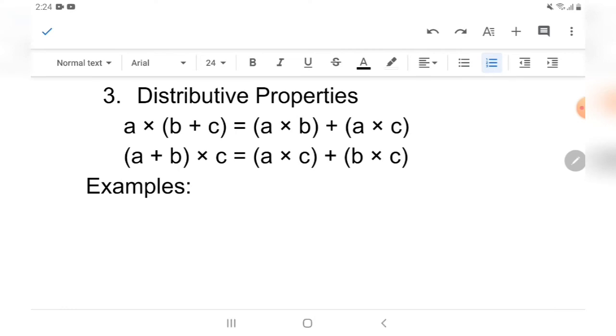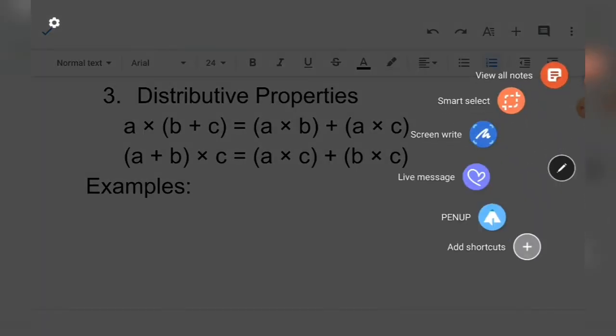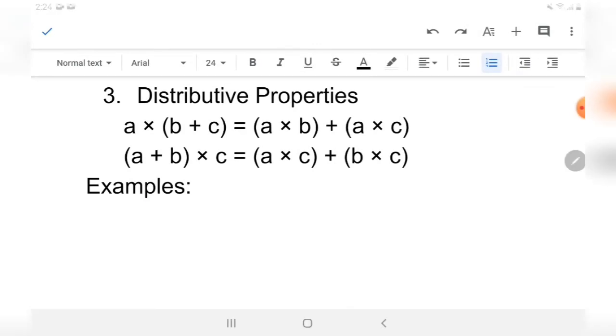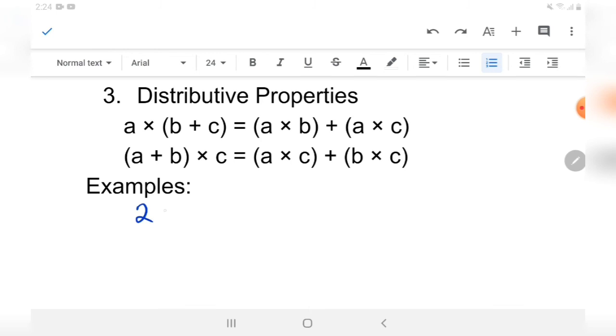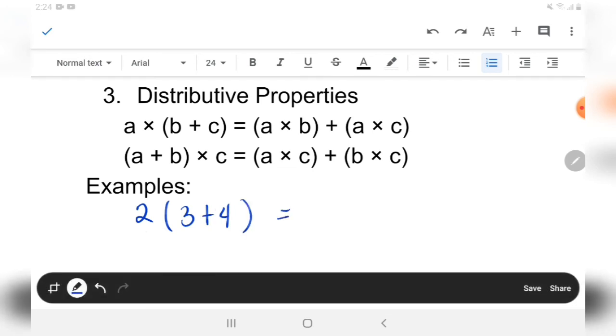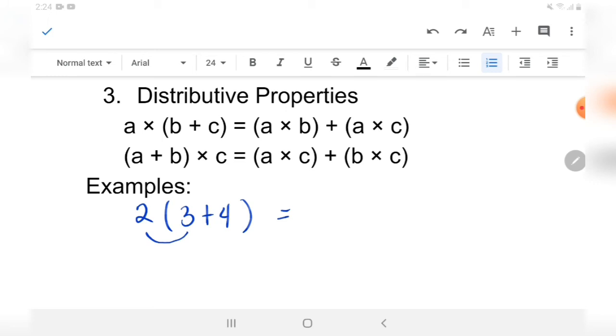Or we can have numbers. Another example. This is 2, parenthesis, 3 plus 4. So we will multiply this, distribute.